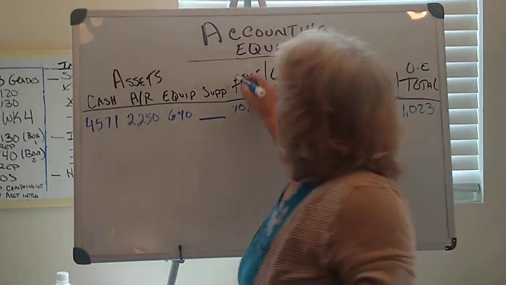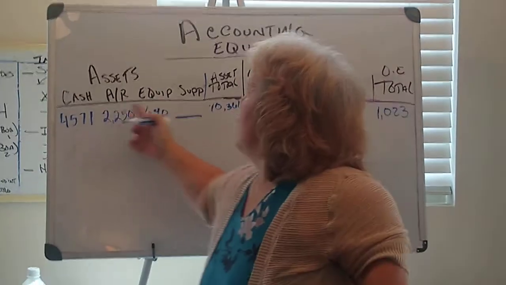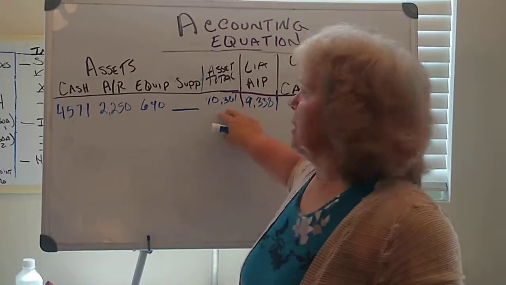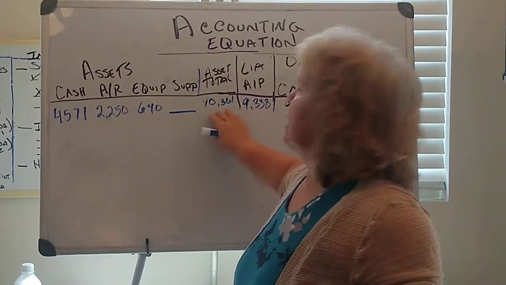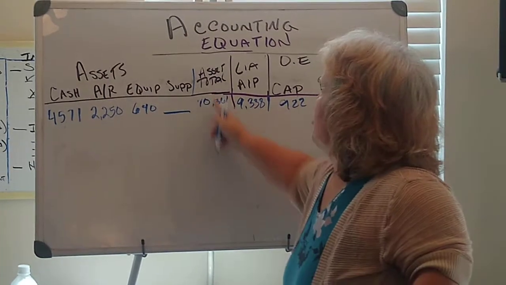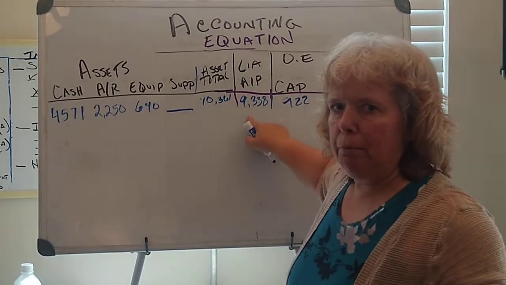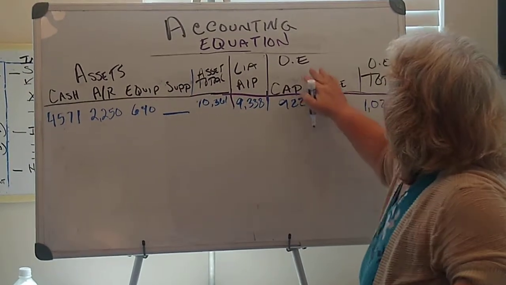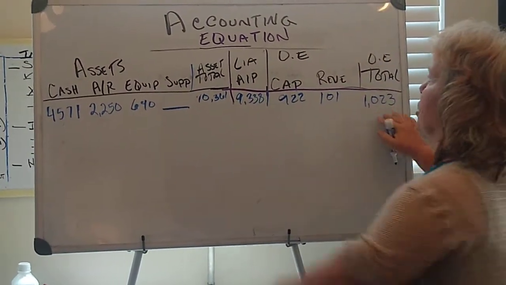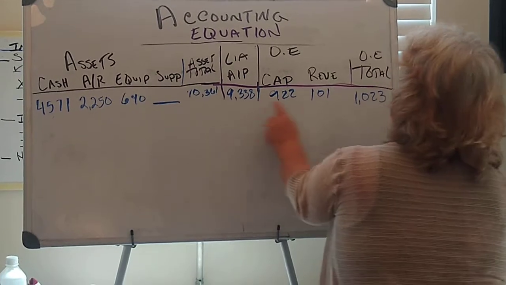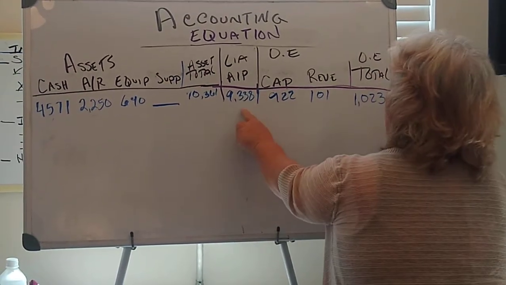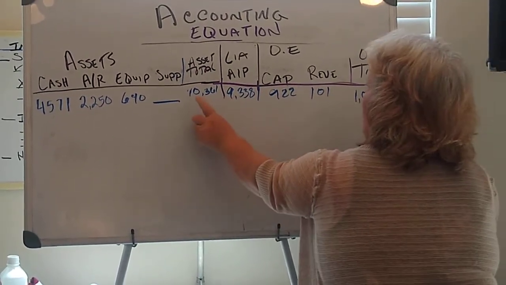So assets here, this is total assets, this number. So this is all these numbers combined to get this. So these are total assets. We only have one liability, that's accounts payable. And then our owner's equity, we have the total here. So this plus this should equal this.